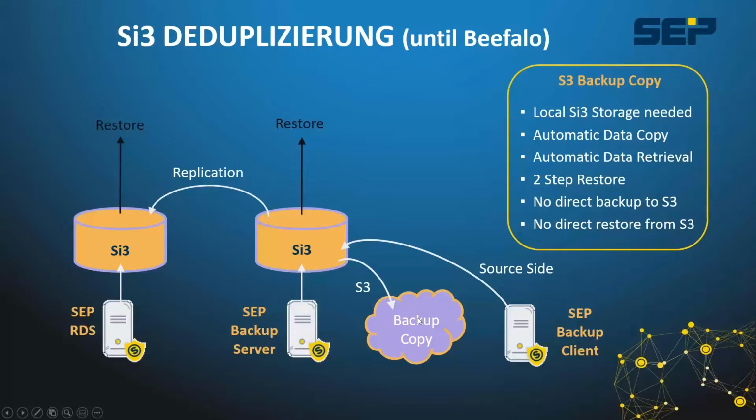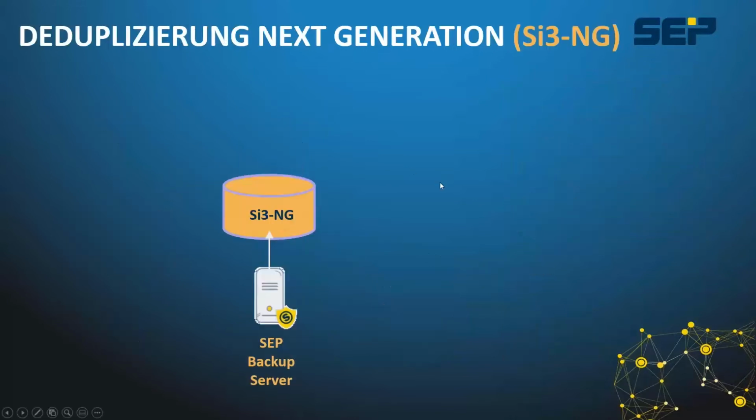Now this has changed dramatically with a new deduplication, the next generation deduplication, SI3 NG as it is called. At first view, the setup looks pretty similar. You have the backup server over here. It's an SI3 NG configured from the GUI.